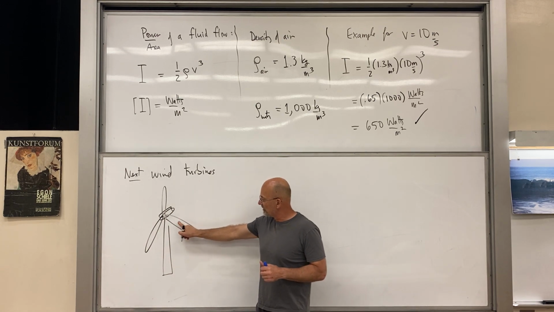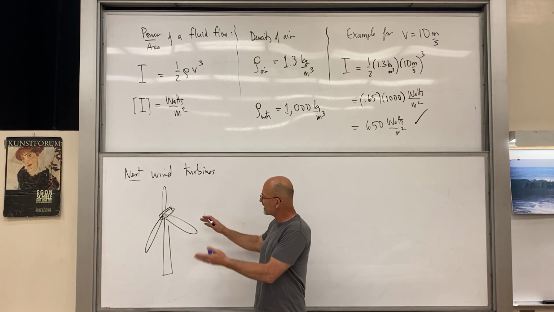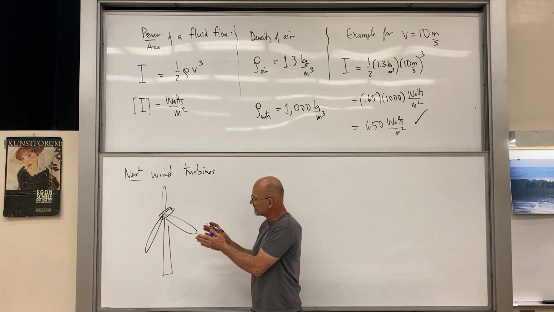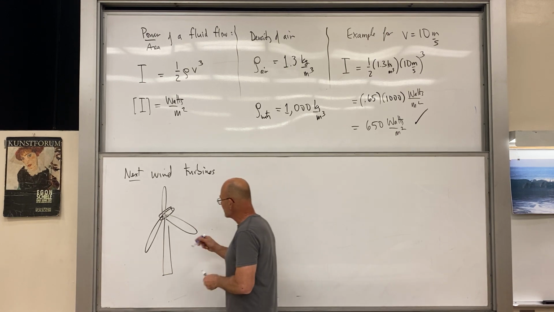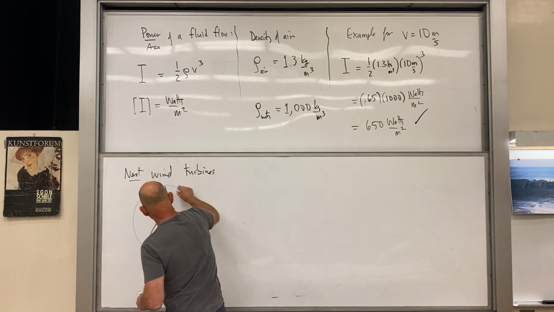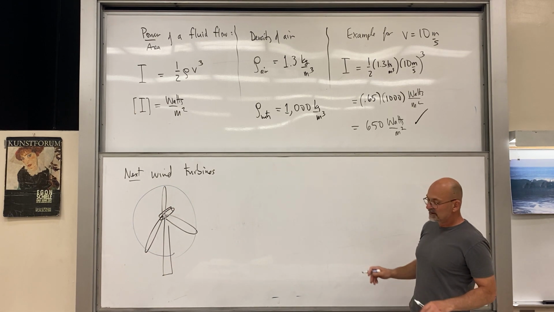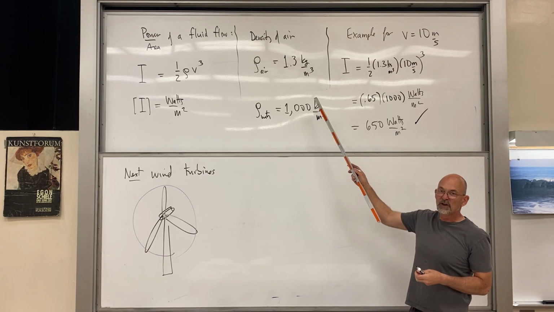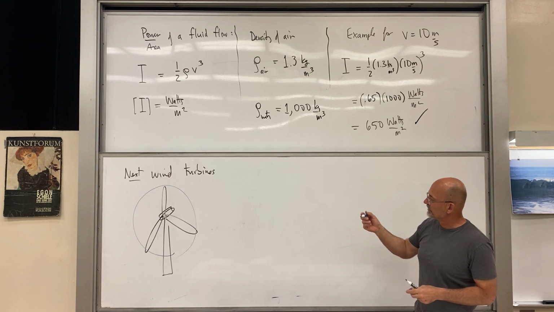Sometimes these things are as large as the wings of a jumbo jet. They're enormous, though they tend to be narrower. So how much power can you get? Well, a rough example: the actual fluid mechanics is more complicated, but these numbers will give us a very good rough idea of what's going on here.